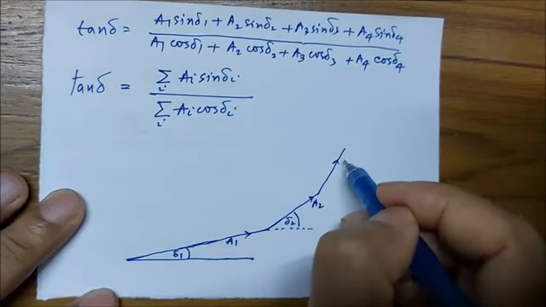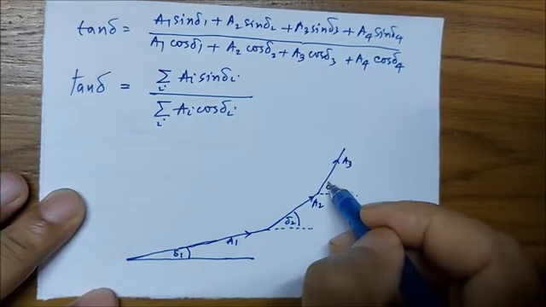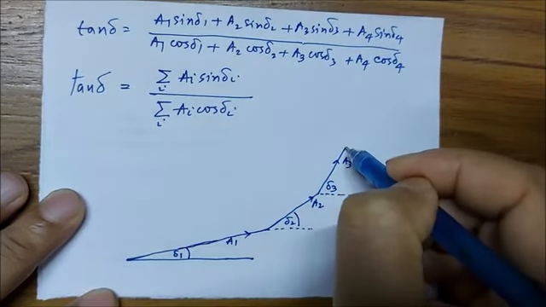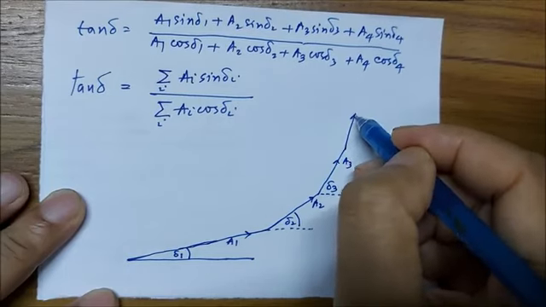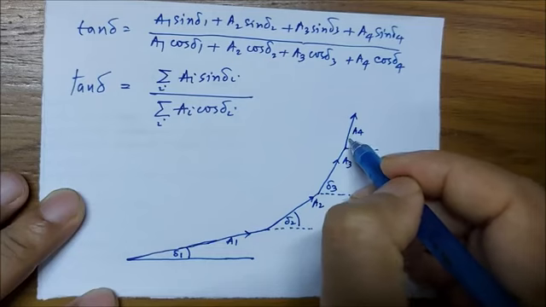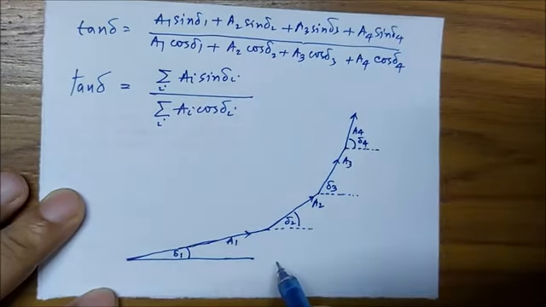Say this is A3, which makes angle delta 3 with omega t line. And finally A4, which makes angle delta 4 with omega t plus 0 line.